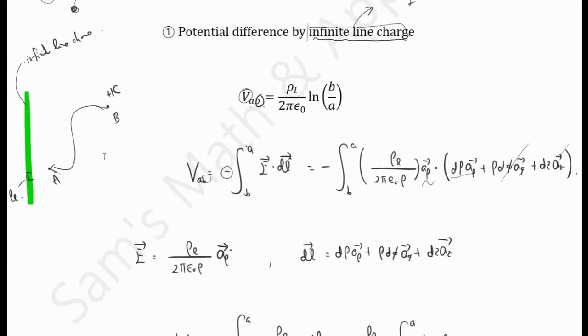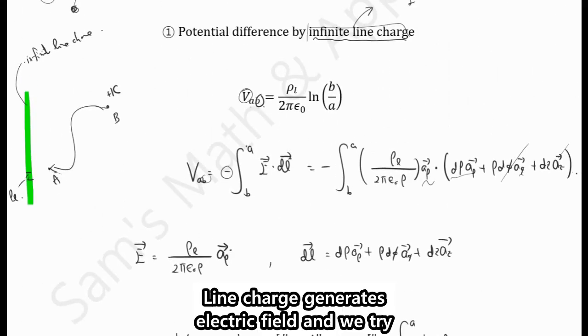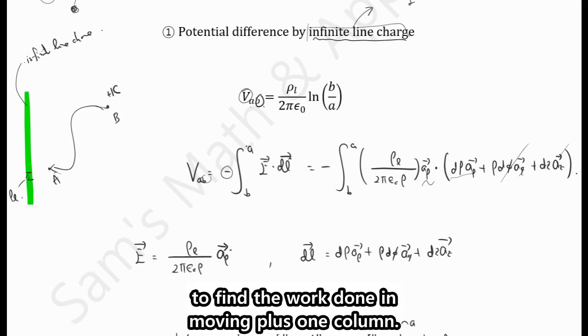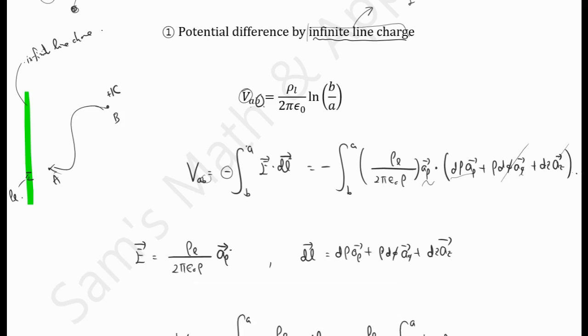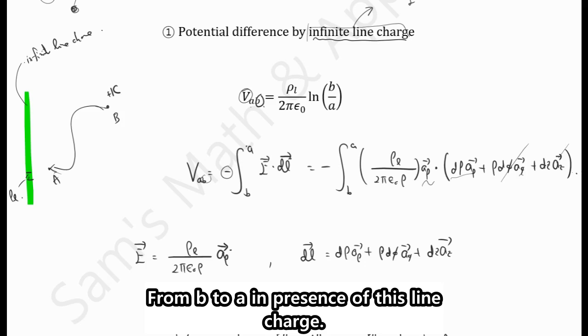The line charge generates the electric field, and we find the work done in moving plus 1 Coulomb from B to A in the presence of this line charge.